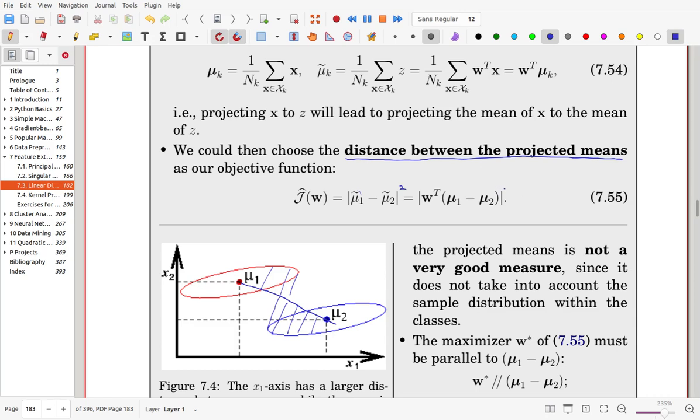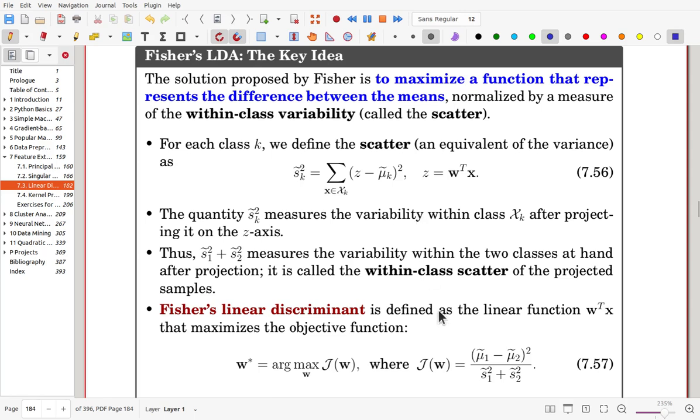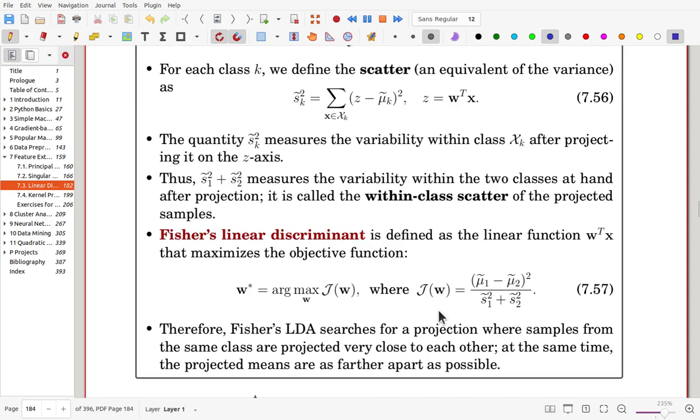It doesn't matter anyway, since once the distance is maximized, its square is also maximized. So rather than simple distance maximization, the objective function is normalized by the within class scatter.